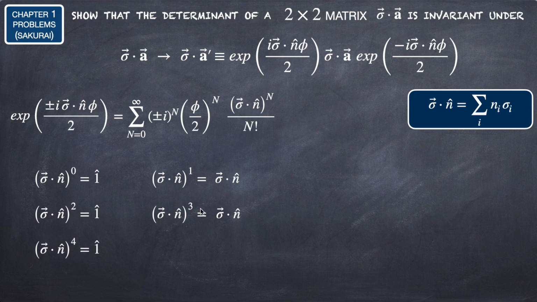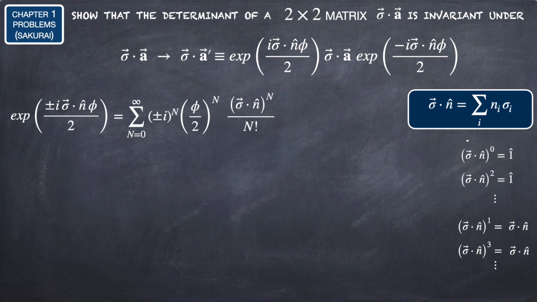And if you repeat multiplying this equation by sigma n, you will have sigma n to the power of 4, and it will be equal to sigma n squared, but sigma n squared is equal to the identity, and so on. So for every even value of n, you will get the identity, and for every odd value of n, you will get sigma n.